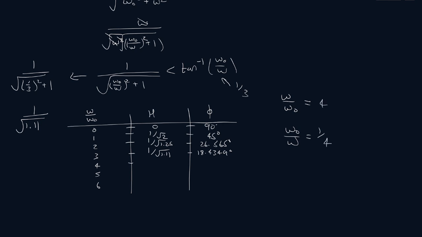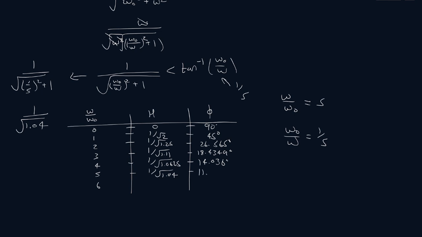So 1 over 4 here, and that's 1.0625. 1 over the square root of 1.0625. And its degree will be 14.036 degrees. Now 5, then it's 1 over 5. Plug that into here. 1.04. And then put 1 over 5 into tan inverse.